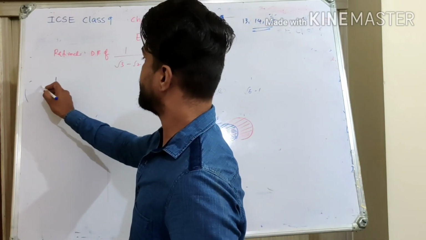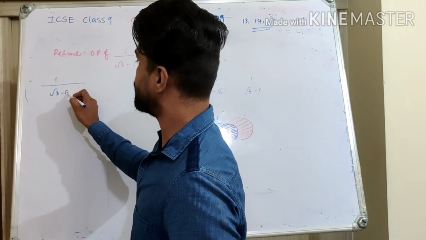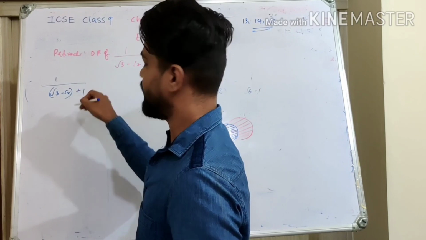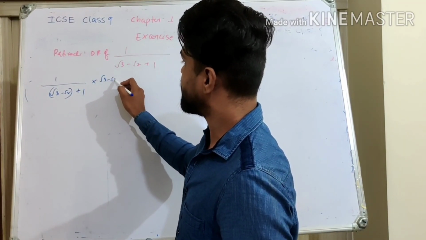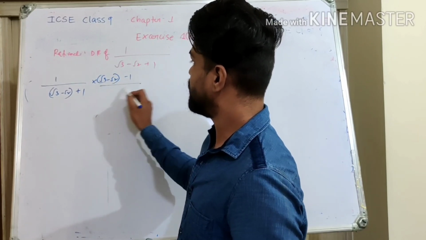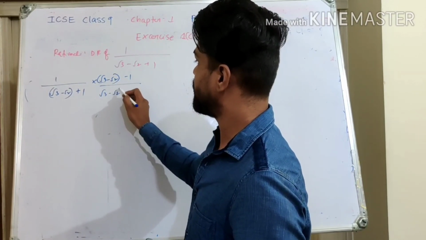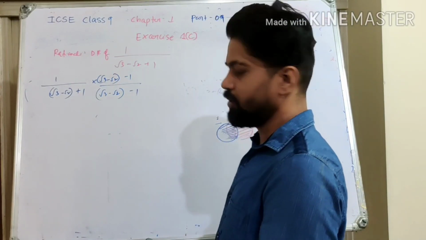So let us take this as separate and this as separate. So multiply this by its rationalization factor, root 3 minus root 2 minus 1.